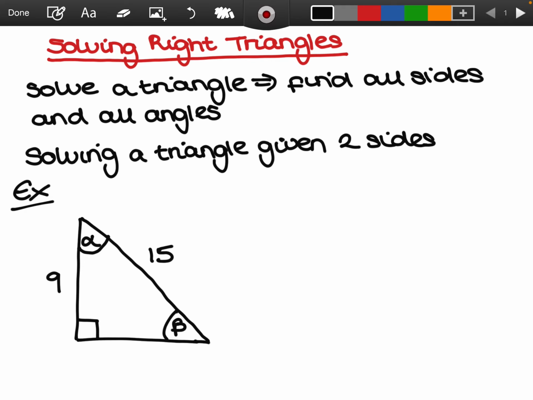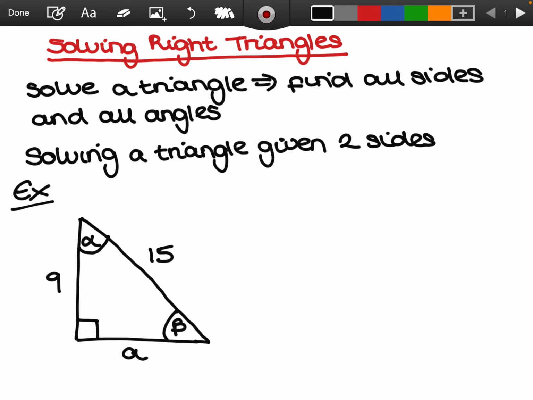Okay. So you're given two sides. We need to solve for the third side. That's the easiest thing to do. Whenever you're given one of these examples where you're given two sides, easiest thing to first do is solve for the side that you don't yet know.